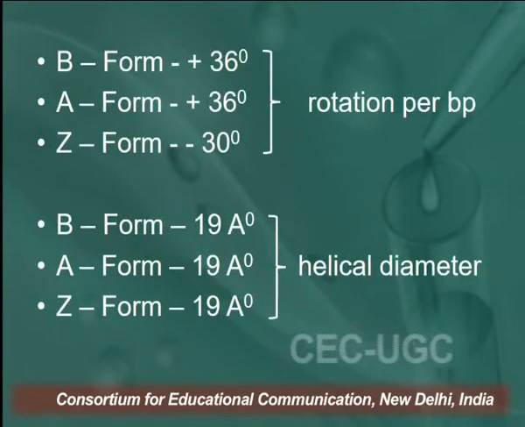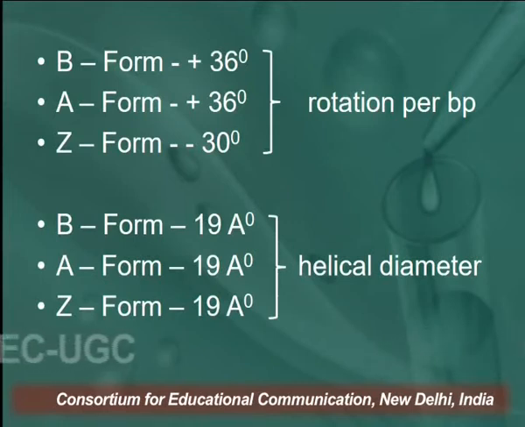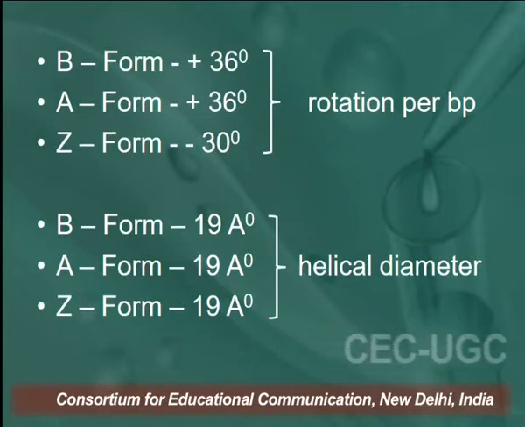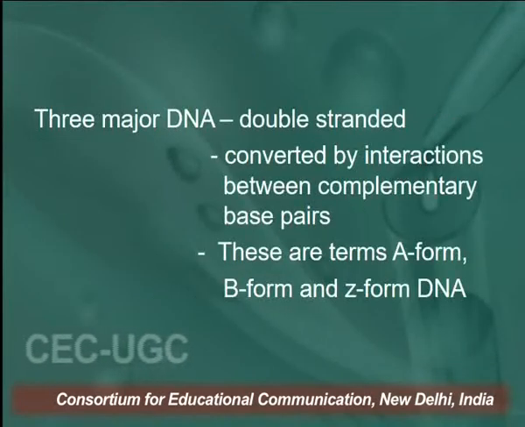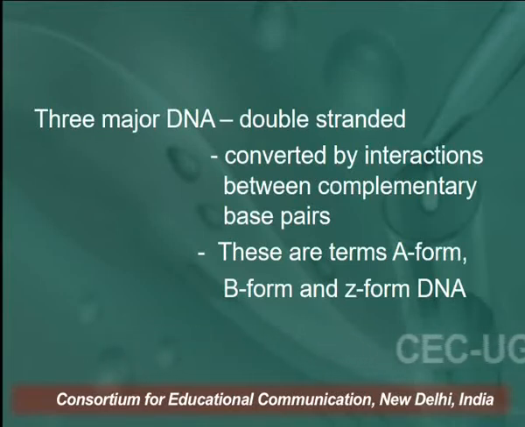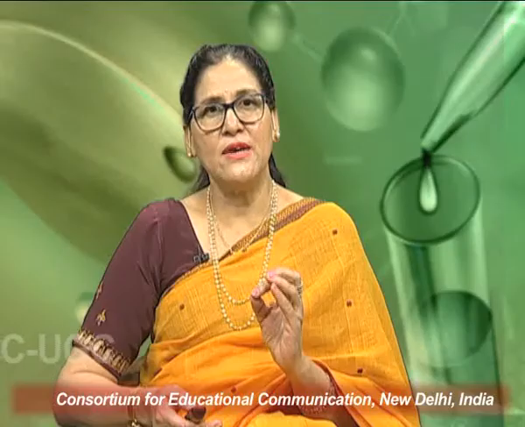Similarly, the rotation per base pair is the same in A form and B form, while in Z form it is minus 30 degrees. The helical diameter in all forms of helical DNA, A, B and Z, is 19 angstrom. So the 3 major DNA forms which are double stranded, held together by interactions between complementary base pairs, are A form, B form and Z form of DNA.